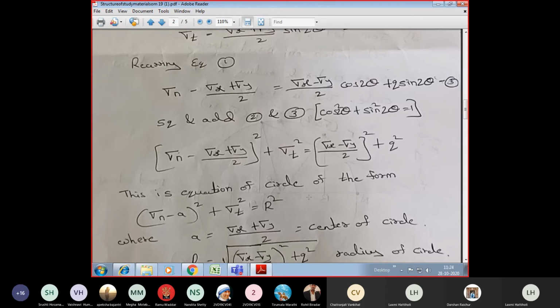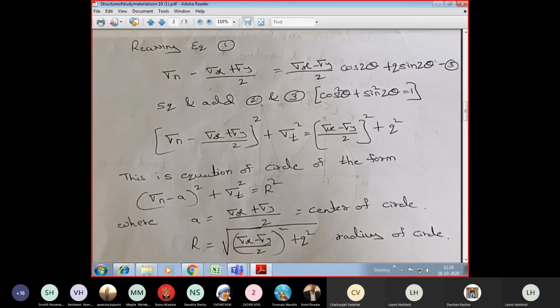In this equation, small a indicates the center of the circle, that is sigma x minus sigma y by 2. R is the radius of the circle, which is on the RHS. Here R is sigma x minus sigma y by 2, the whole square, plus q square. This is the radius of the circle.